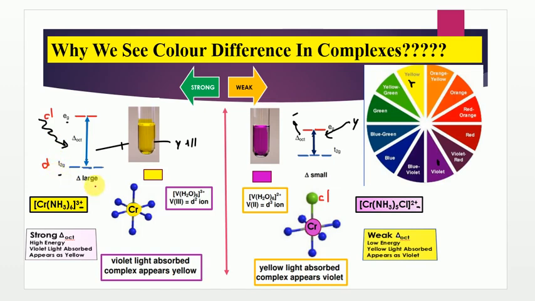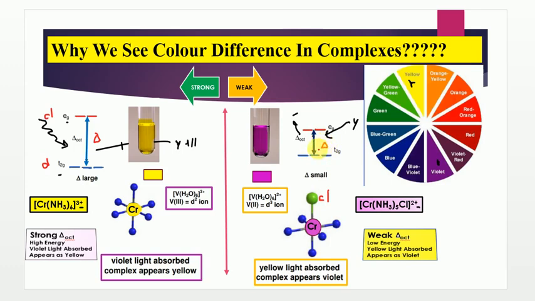Obviously, the color exhibited is intimately related to the magnitude of the difference between t2g and eg. In the hexaamine chromium complex there is a large difference, the delta value, because ammonia is considered a strong field ligand. When we replace one of the ammonia with chlorine, as chlorine is a weak field ligand, there is a smaller energy difference between t2g and eg.